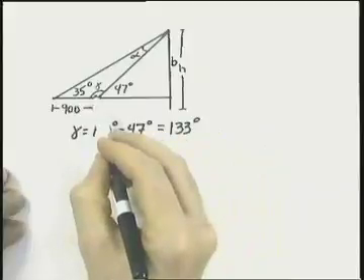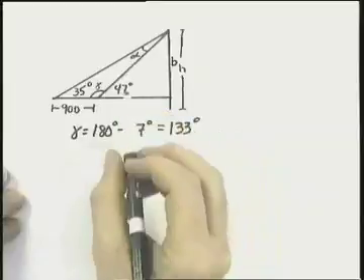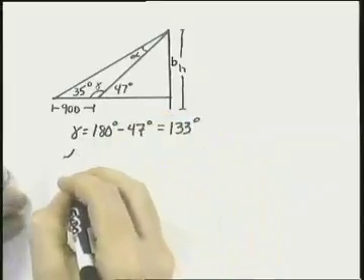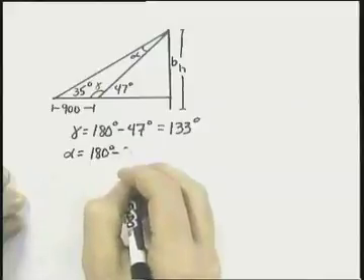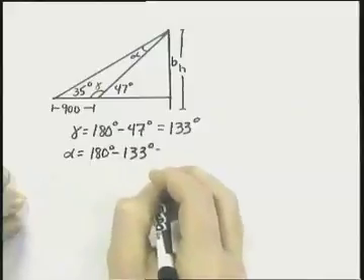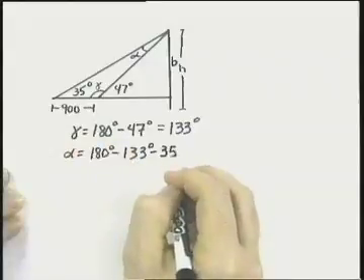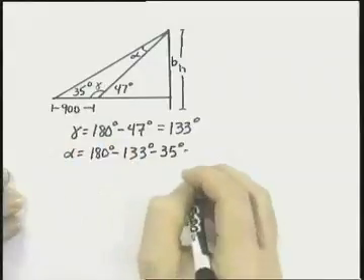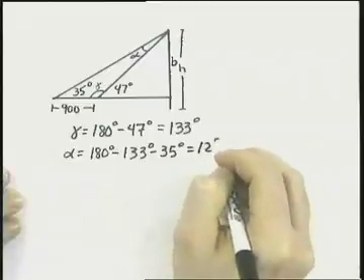Because gamma is equal to 133 degrees, we can then find the measure of the angle alpha. We can find alpha to equal 180 degrees minus gamma, 133 degrees, minus beta of 35 degrees. The result is that alpha is equal to 12 degrees.